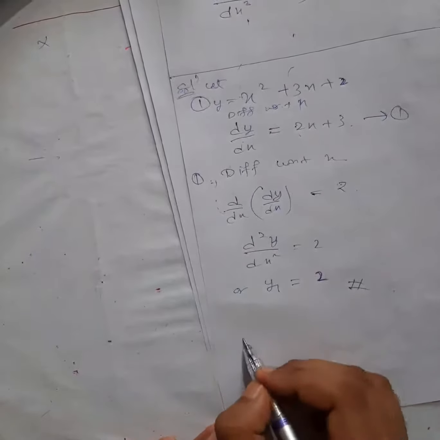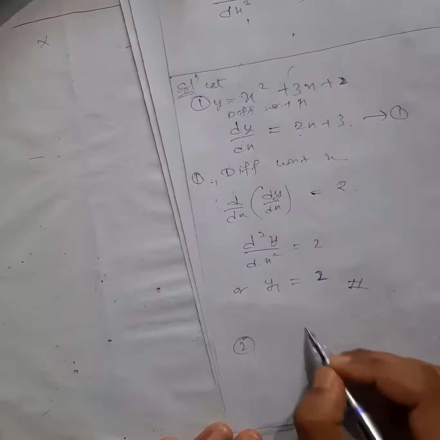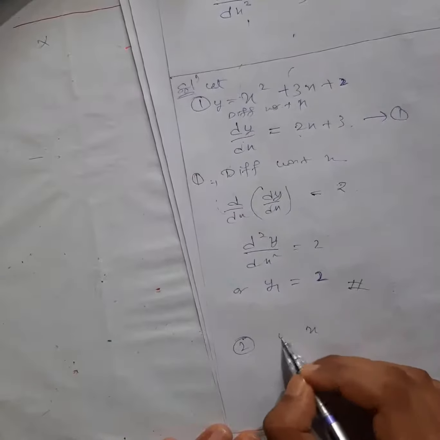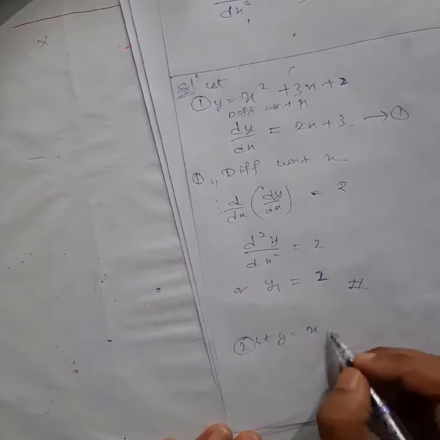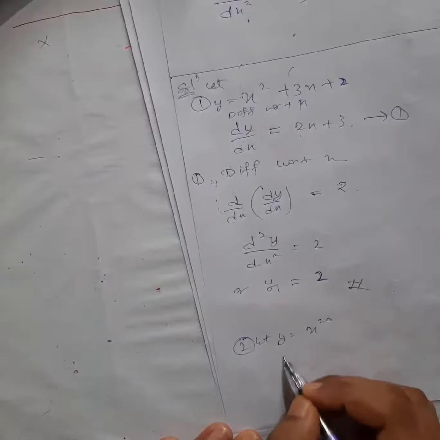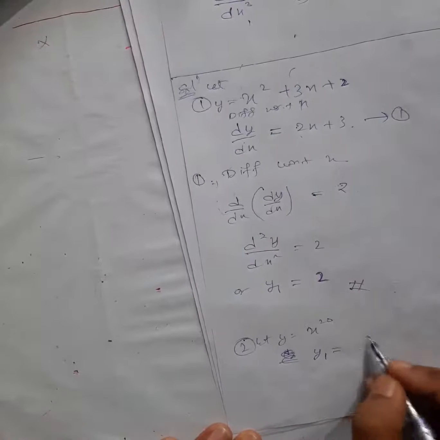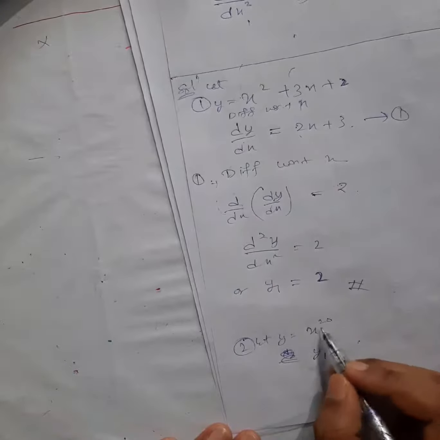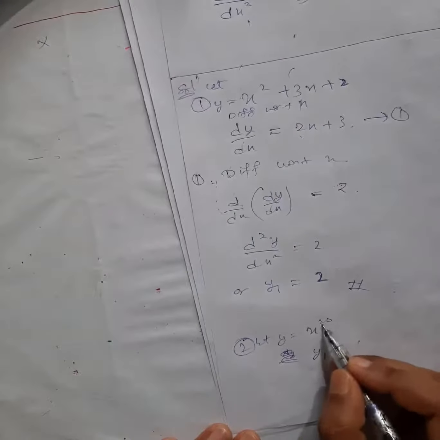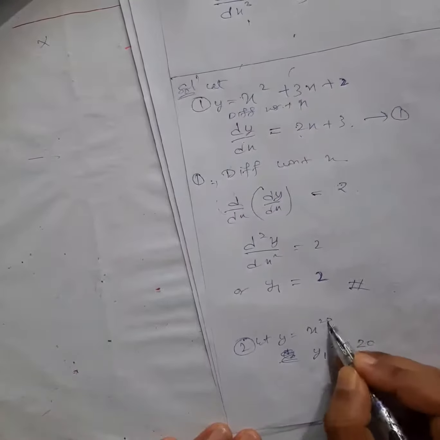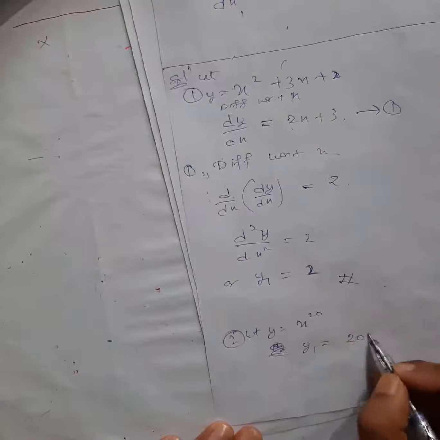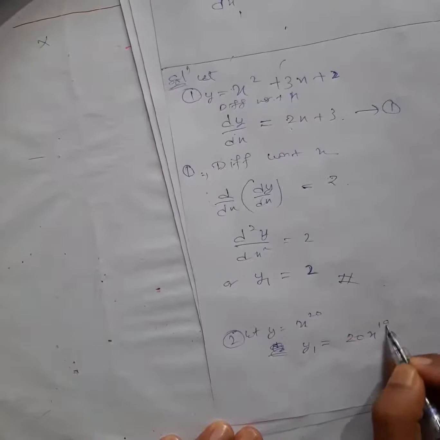Okay, shall we do one more, number 2 also? Let y be equal to x to the power 20. So y1 is equal to 20 x to the power 19, right? This we know how to differentiate: the power comes as coefficient and one power less.